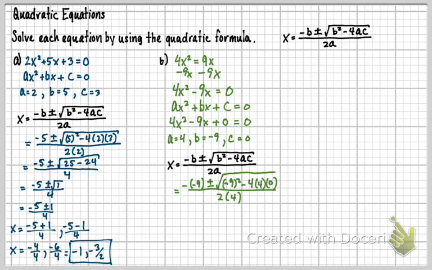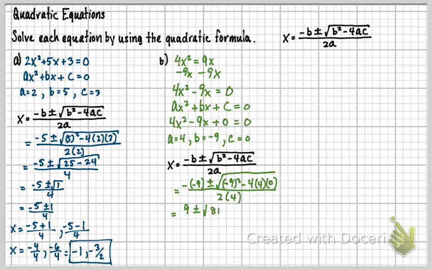Now all I'm going to do from here is just simplify. A negative negative is going to be positive, so that's just a 9 plus or minus the square root. Now this whole piece, 4 times 0, is going to give me 0, and negative 9 squared is 81.